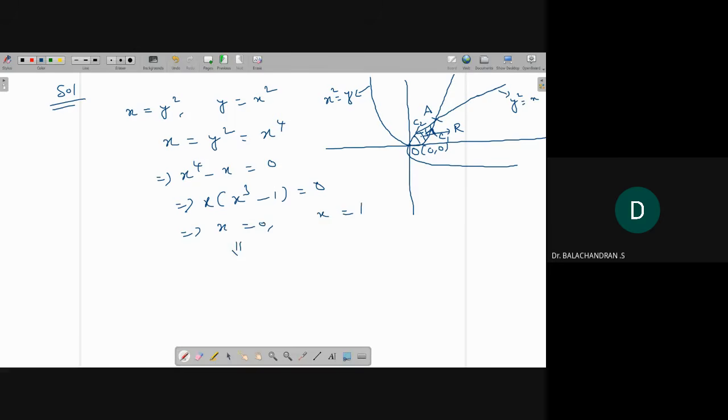If x is equal to 0, y equals 0. If x is equal to 1, y equals 1. So the intersection points are (0, 0) and (1, 1). So A is (1, 1). Write (1, 1) here. So this is a point here.